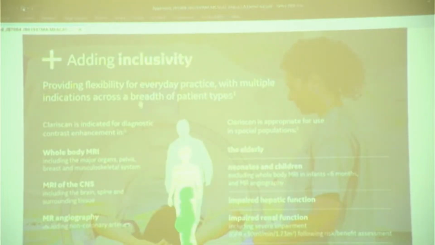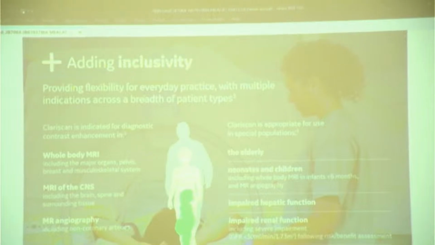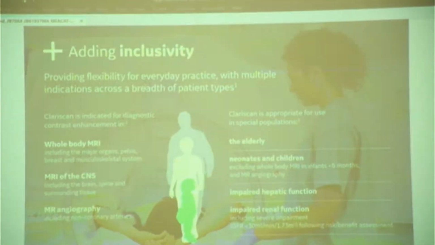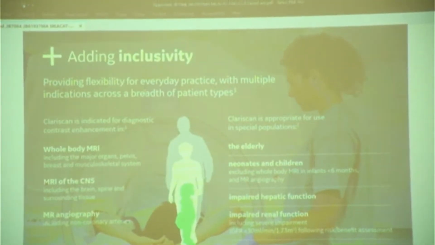Then we are talking about adding inclusivity. So inclusivity, we simply mean, of course, there's this discussion, Dennis, and I think as an expert in MRI, you will try to advise me and Sydney. When we interact with the radiologists and MRI radiographers, they keep asking us about contrast media for MR for specific organs. You need to assist us to see how to deal with that, because for GE, we have one molecule that is for whole body.